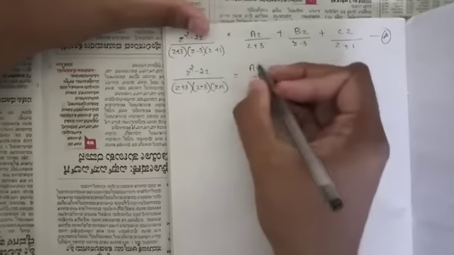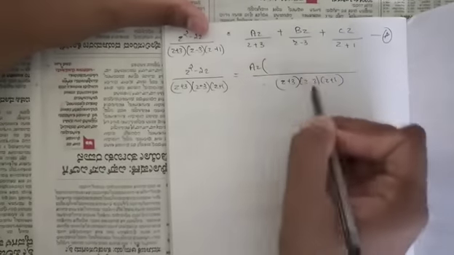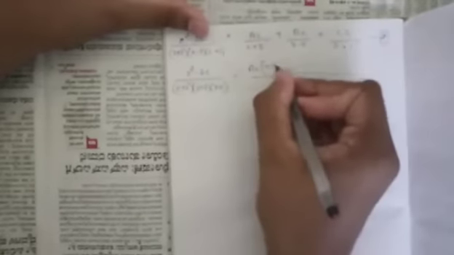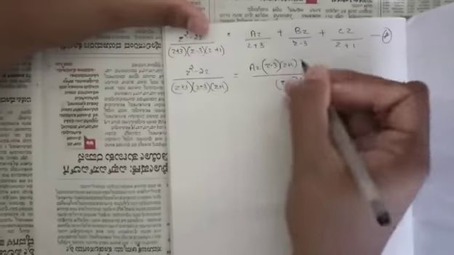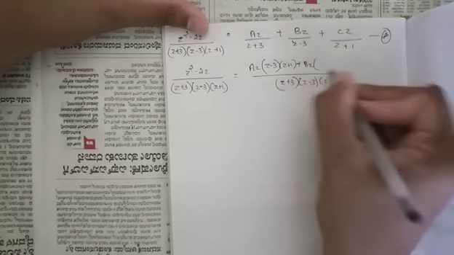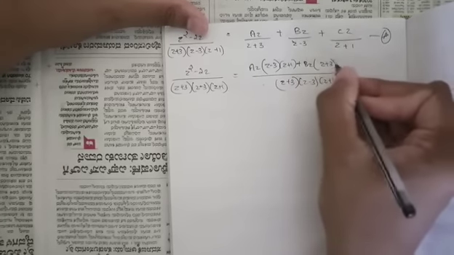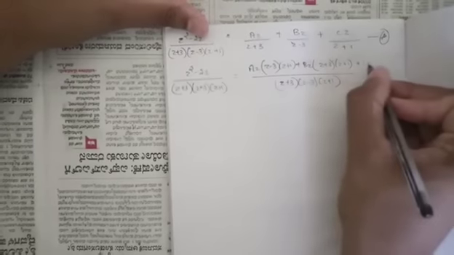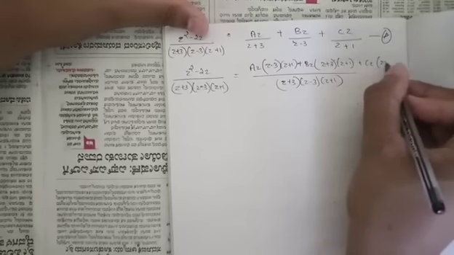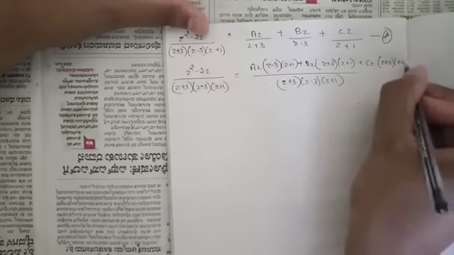So the remaining terms are az into, here what are the terms missing, z minus 3 and z plus 1, right, plus bz into z plus 3, z plus 1, plus cz into z plus 3 and z minus 3, since we have z plus 1.